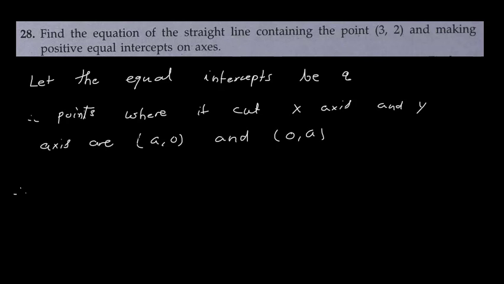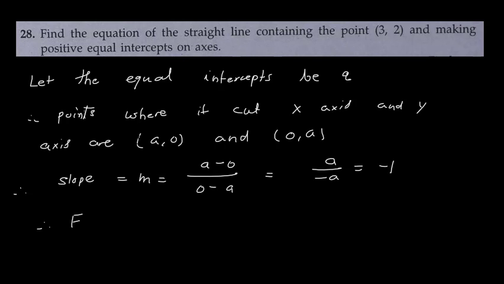So therefore slope, I will find slope. So slope, we indicate by m, will become y2 minus y1, that is a minus 0, upon x2 minus x1, that is 0 minus a, that is a upon minus a, that is equals to minus 1.